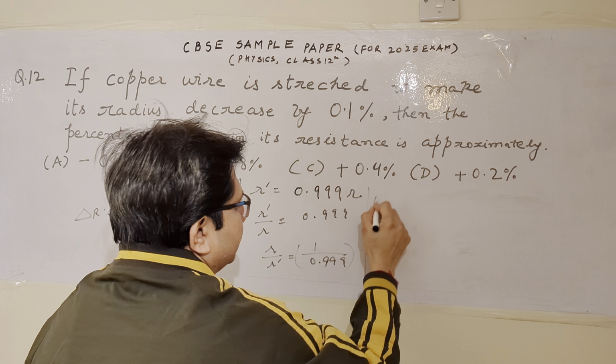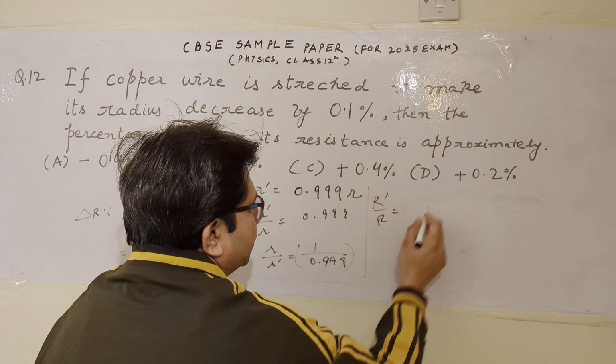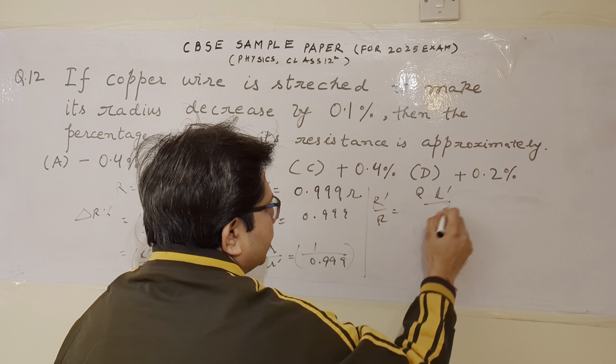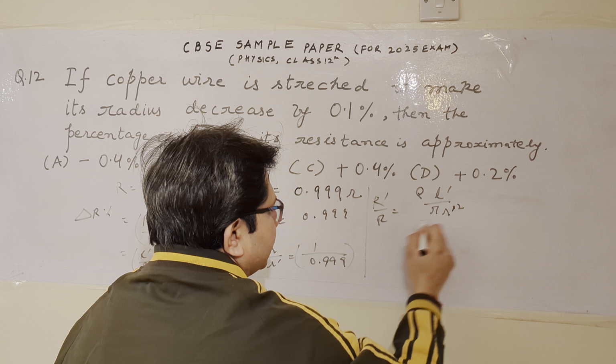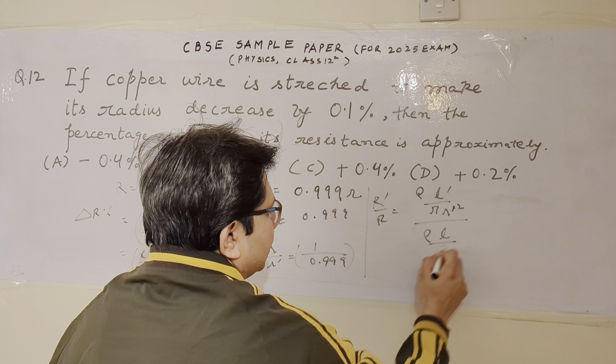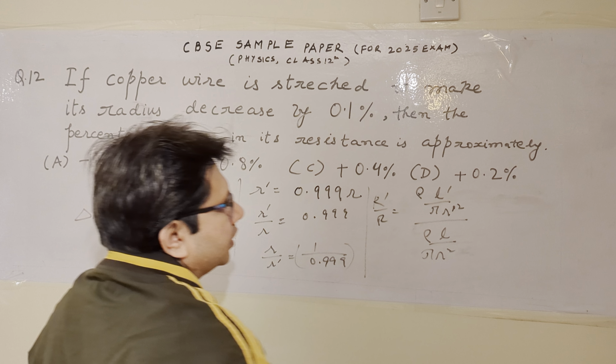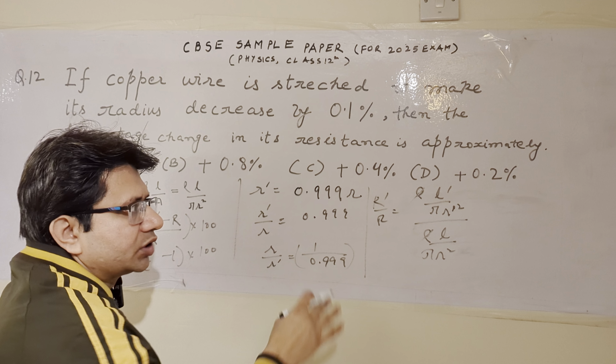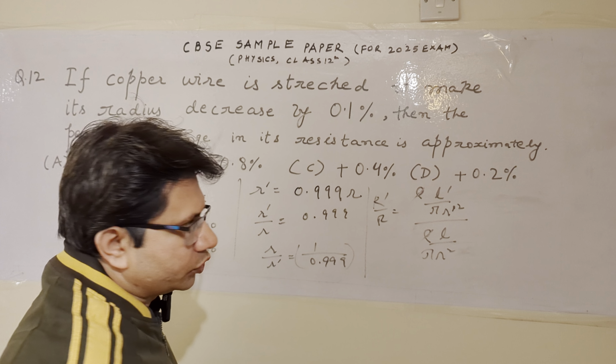R dash upon R is equal to rho L dash upon pi r dash square divided by rho L upon pi r square. Now this rho, which is resistivity, cancels, as it is the same before and after stretching the wire.